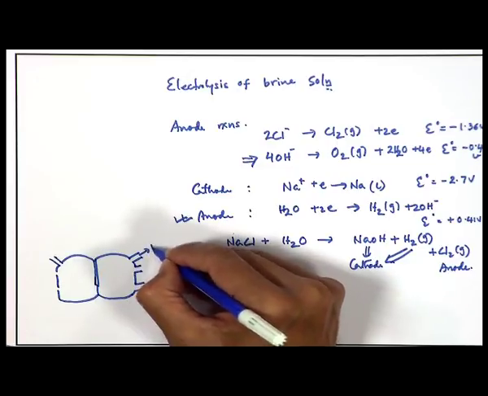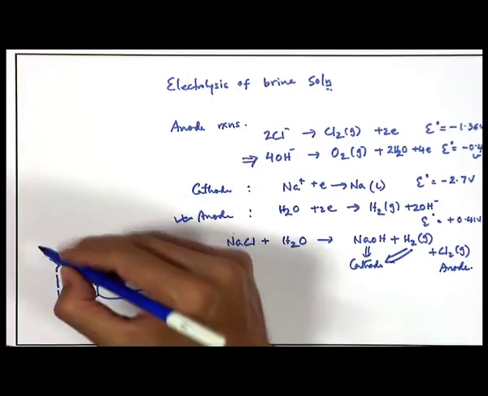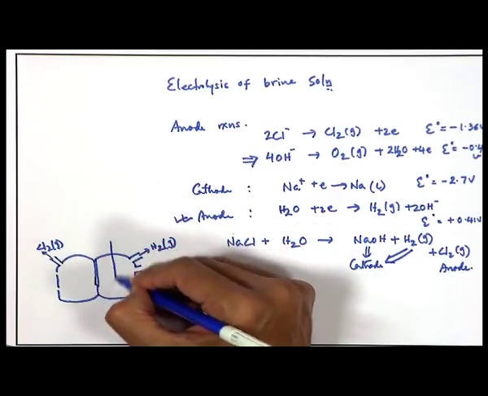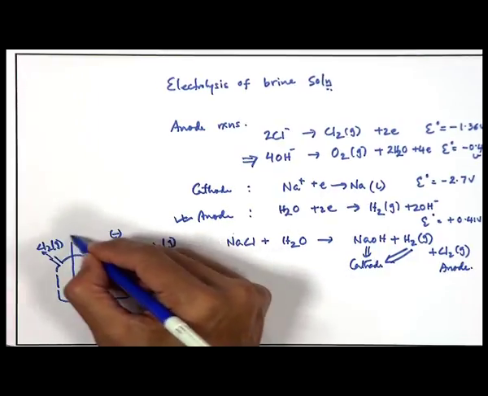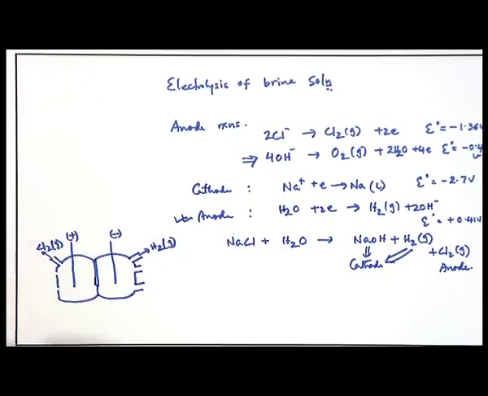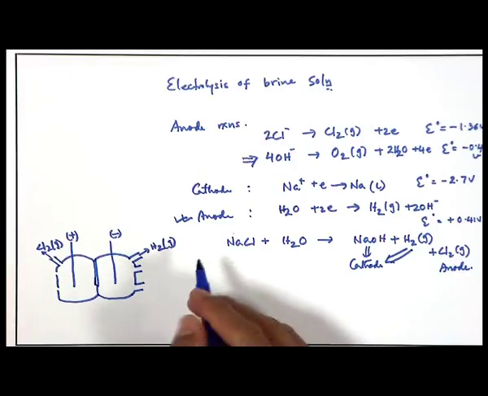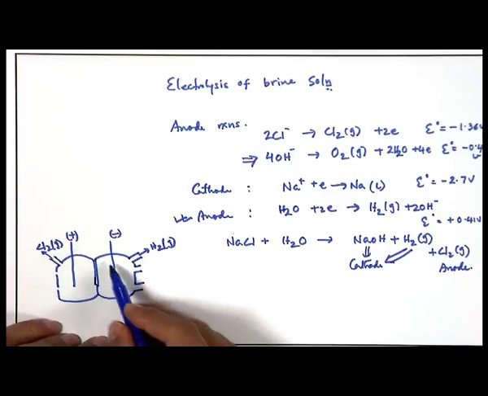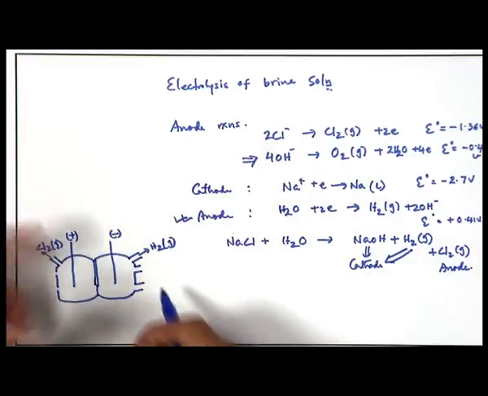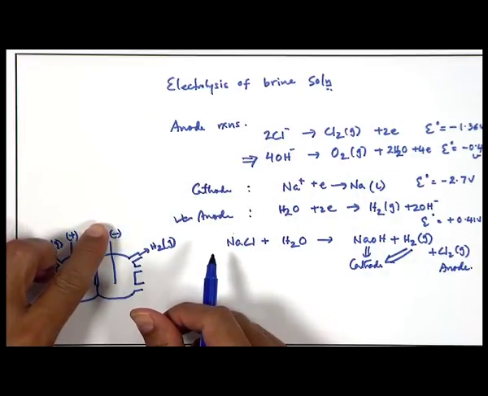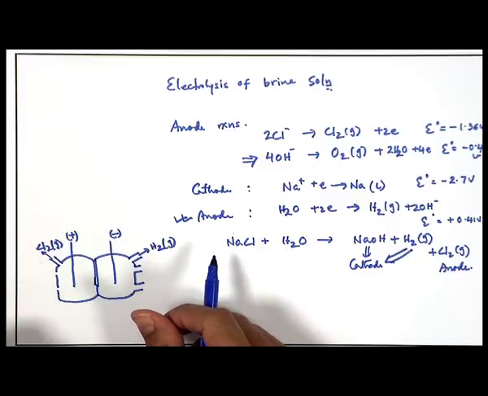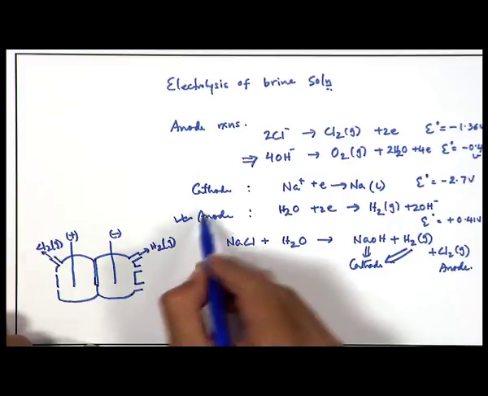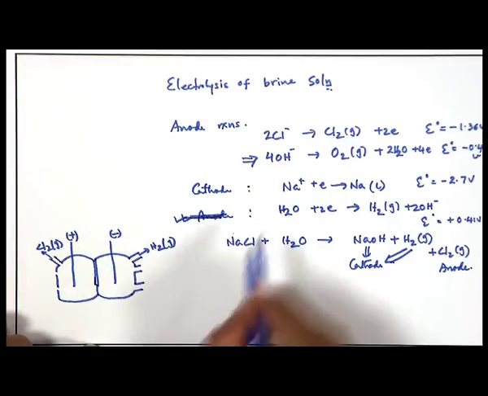So, H2 is coming out here, chlorine is coming out, this is minus, this is plus. Okay. So, basically you are doing electrolysis over here. You are supplying this current from outside. Okay. So, these two are cathode reactions.